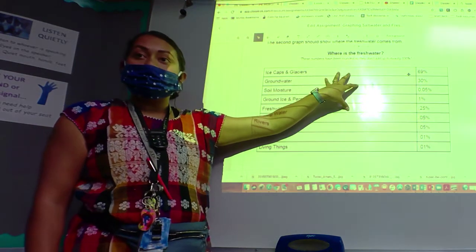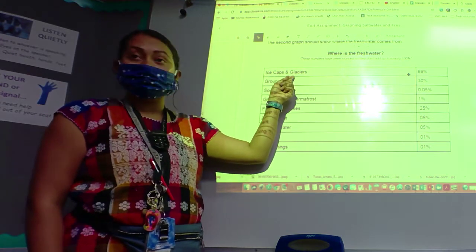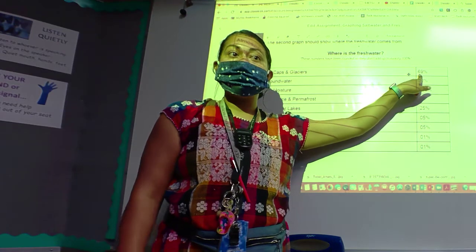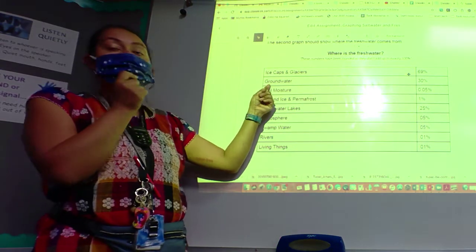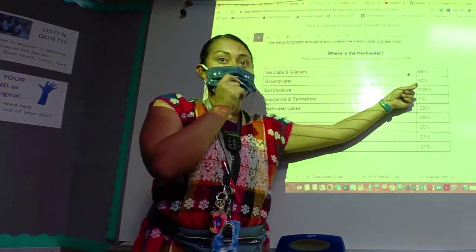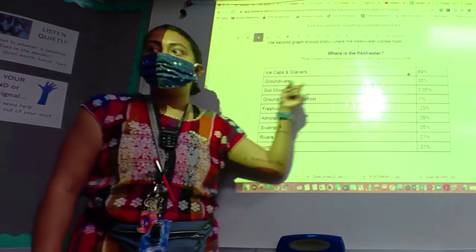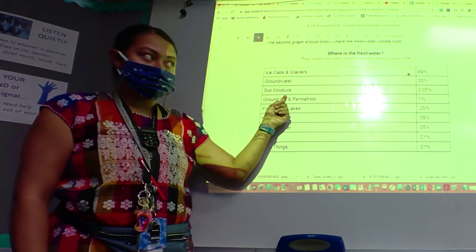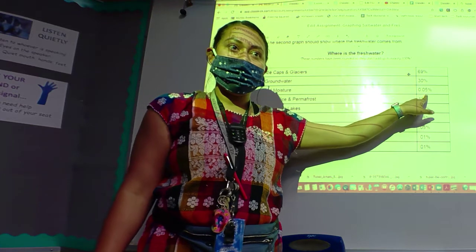So it's going to be all about fresh water. Ice caps and glaciers are 69% of the fresh water. Groundwater is 30% of the fresh water. Soil moisture is 0.05% of fresh water.